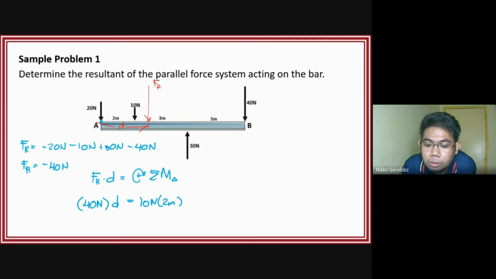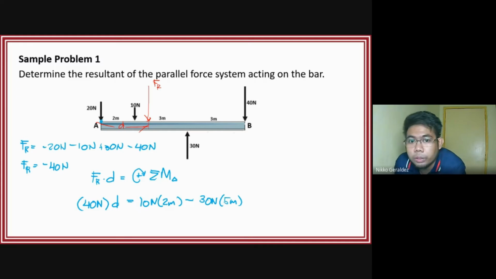30 newtons. So, that is counterclockwise, so that is negative 30 newtons times 5 meters. Then last, 40 newtons downward.